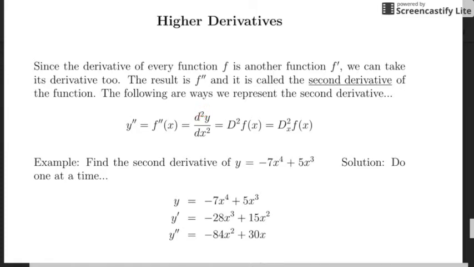Now, it's very interesting where the squares are going here. Notice that the square doesn't go outside here. If you had dy within brackets with a square outside and the dx with a square outside down here, that would mean that you're squaring the derivative. But here, when we put the square on the d like this and the square on the dx, we're saying that we're taking the derivative twice of y.